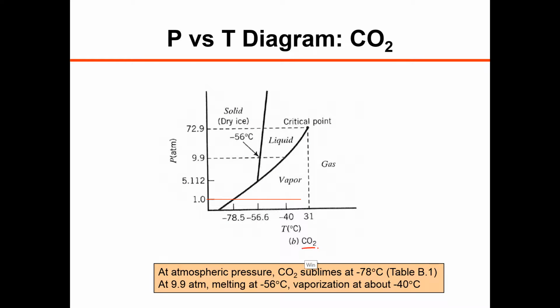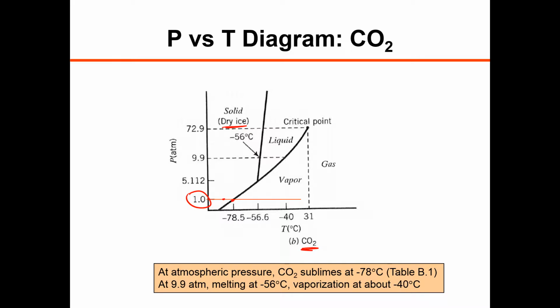Now this is for carbon dioxide, and this is 1 atmosphere. This is what we're used to, where we take dry ice. The solid is like dry ice, and as we increase the temperature, let's say we put it outside, and we see it emits some vapor.